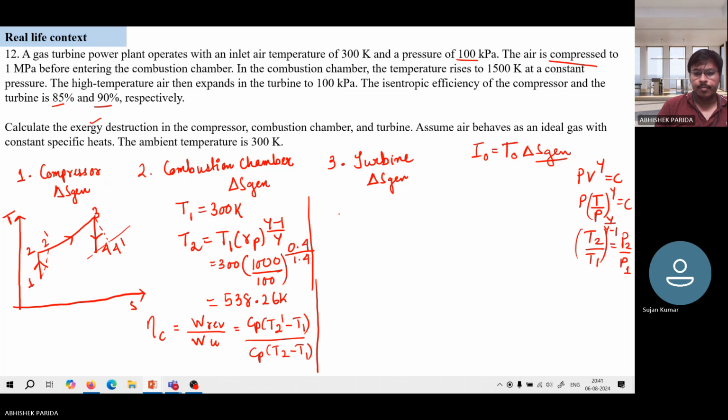Now Cp cancels, so 0.85 is equal to T2 dash, that is what we have to find out, minus T1. T1 is 300 by T2 is 538 minus T1 is 238.26.